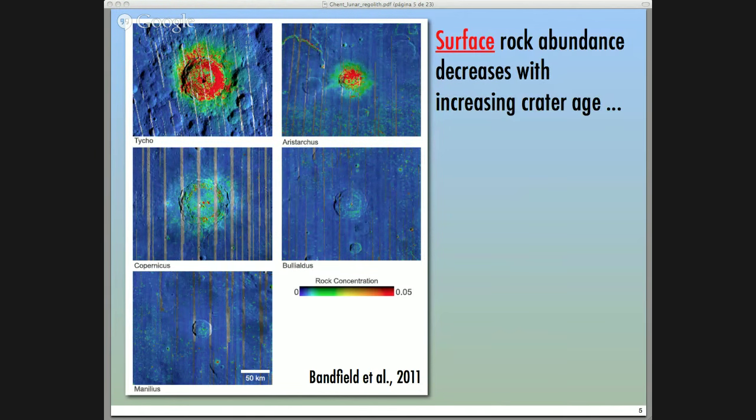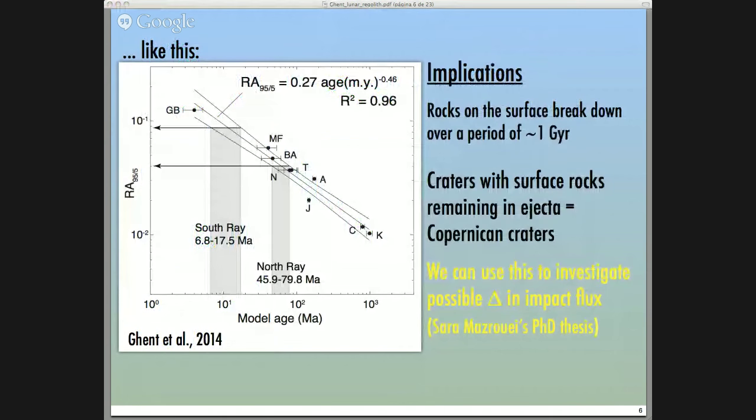And so we can actually plot those rock abundance values as a function of the age of the crater. So here's the age of these different craters based on the concentration of later impacts that occur on the ejecta surrounding the craters. And so you get this nice distribution from having lots of rocks on the surface for young craters to not many rocks for older craters.